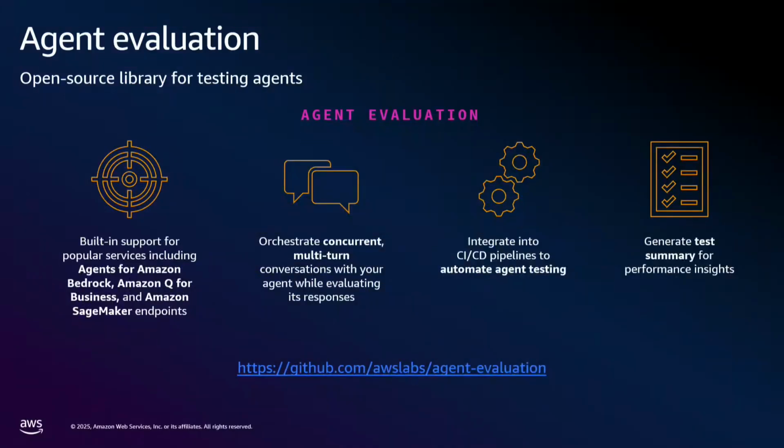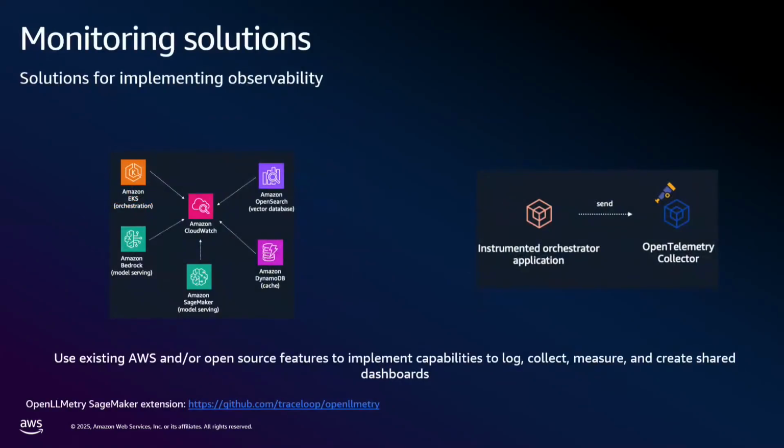For agent evaluation, apart from the tools that I just mentioned, you could also use any open source tools that are available and evaluate your own agents. And of course, we've got a gamut of monitoring solutions available within AWS that help you to monitor and observe the performance of your agents, and the performance of the infrastructure on which these agents are running.